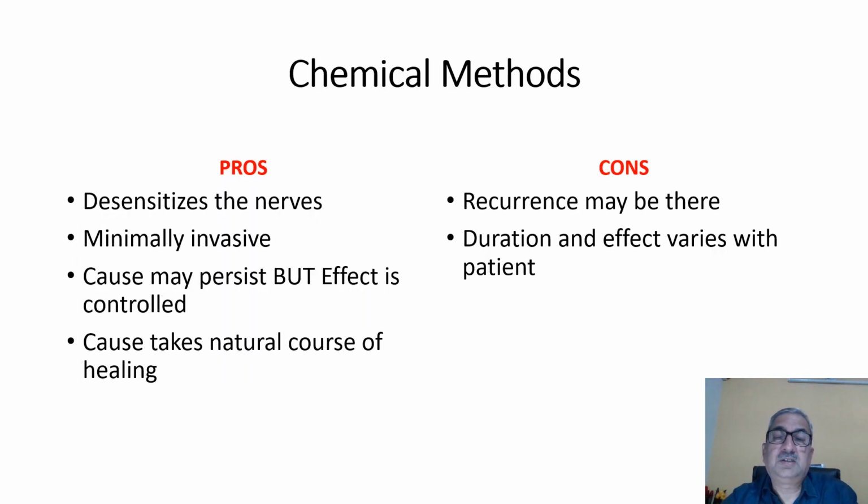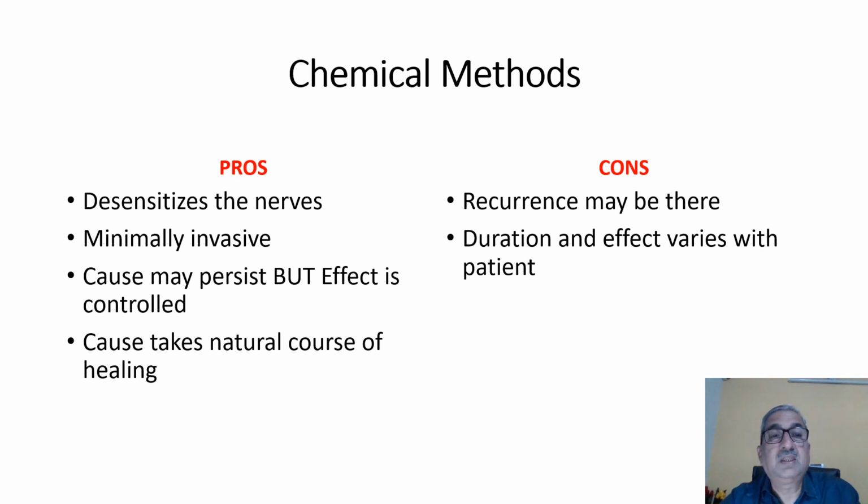Now chemical methods. What do you mean by chemical methods? By chemical method, I mean putting chemicals around the nerves to desensitize the hypersensitized nerves and reset the pain system or the nervous system so that the patient doesn't feel pain. The cause may remain and nature takes its own course to heal it. Okay, so there are a few people who follow this.